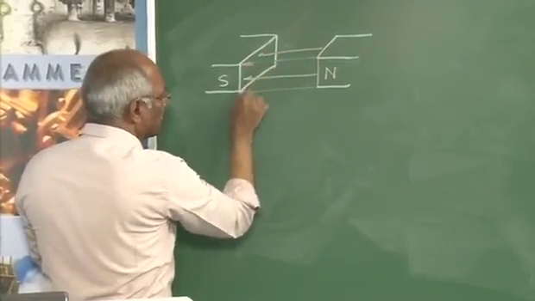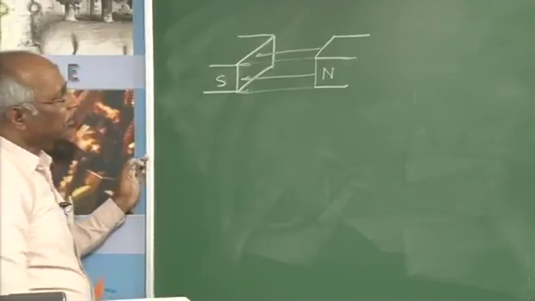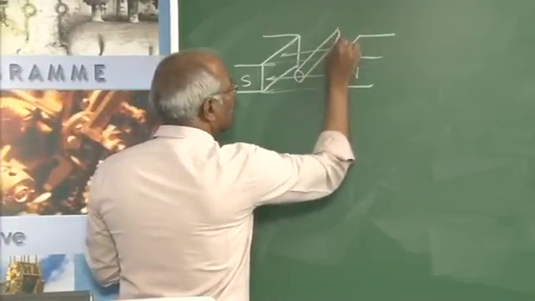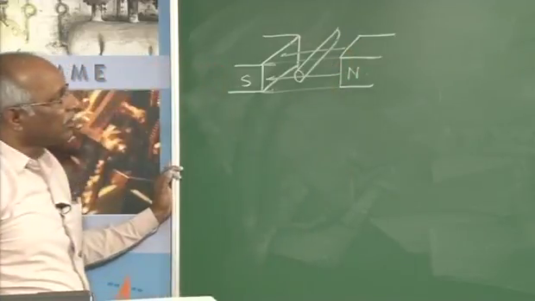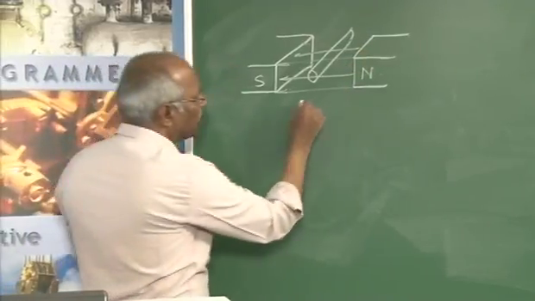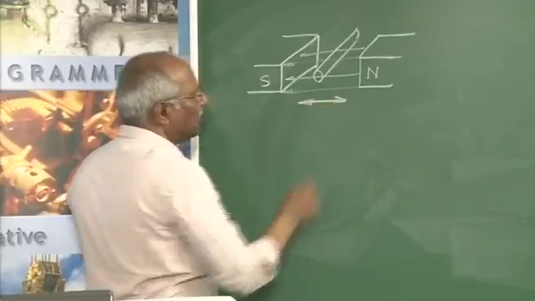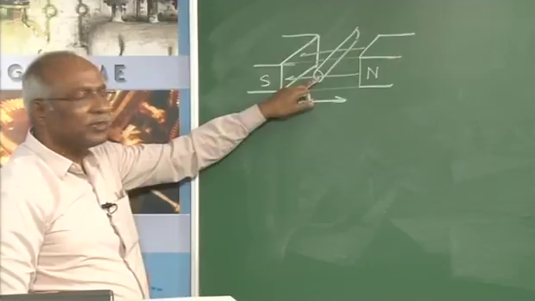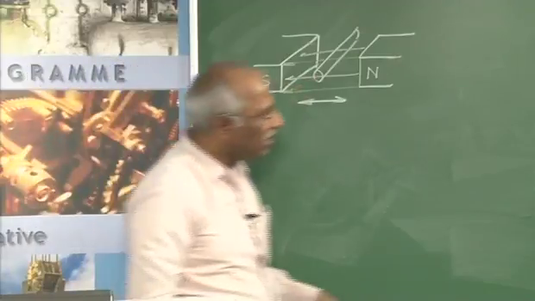This is the flux. Consider a conductor. This is the conductor. If the conductor is moved this way or this way, the change in flux linkage will be 0.